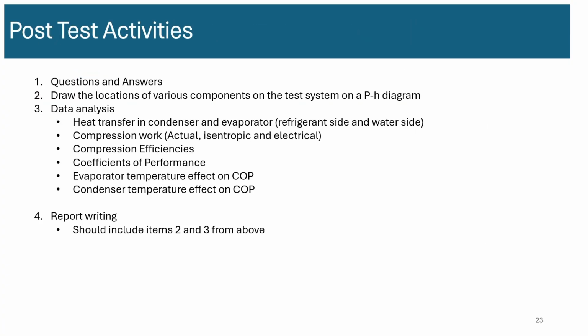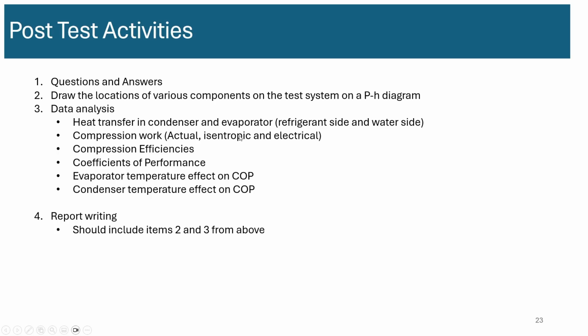Now, once you finish the test, there are 4 different activities to be completed afterwards. First is a question answer session. Second is you have an activity to draw the location of various components on the test system on a pH diagram. Third is, of course, the detailed data analysis, which will include all these bulleted items.